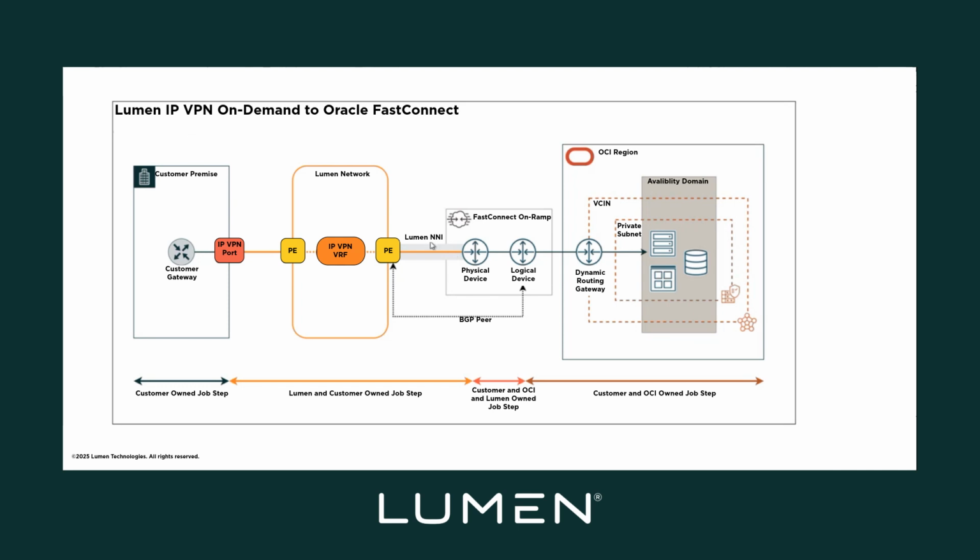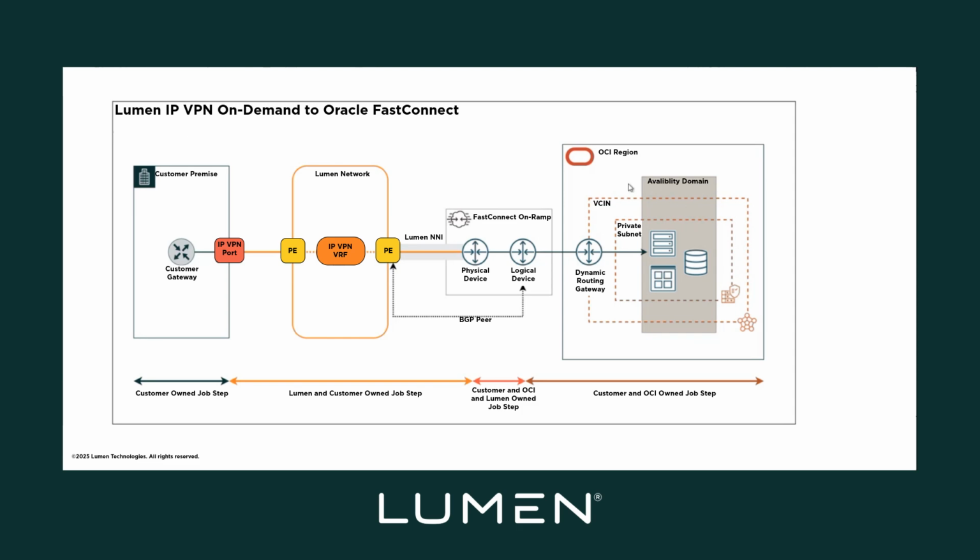So we're going to look at both the Oracle Cloud portal as well as the Lumen Control Center portal, and we're going to create a FastConnect, and then we're going to bring that over to Lumen, and we're going to use that FastConnect to establish this logical connection. Going to use Chrome to look at the Oracle side and Firefox to look at the Lumen portal.